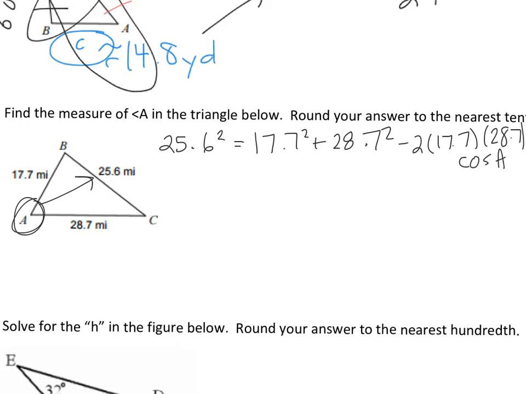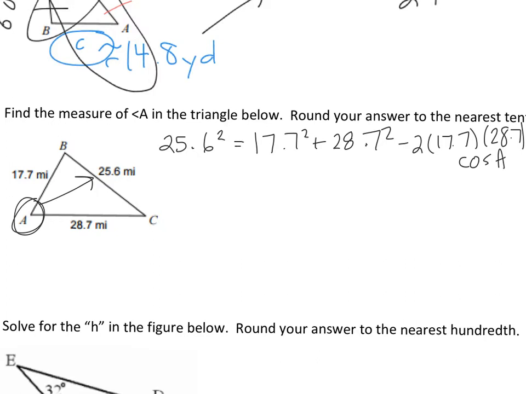A common mistake is people put this number here with these two terms. So what I need to do first is subtract these two from each side. So I put 25.6 squared minus 17.7 squared, and then also subtract 28.7 squared.